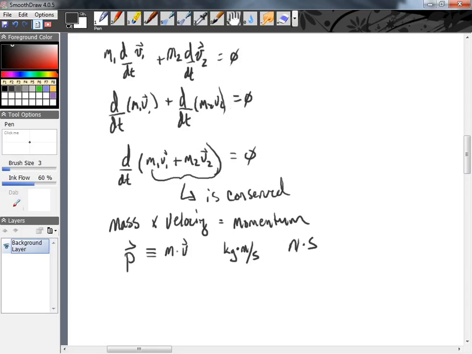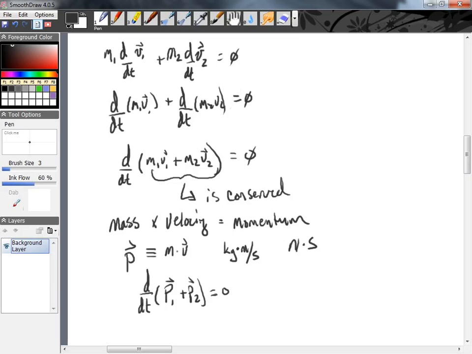All right, so if mv equals p, we now have the time derivative of p1 plus p2 equals 0.